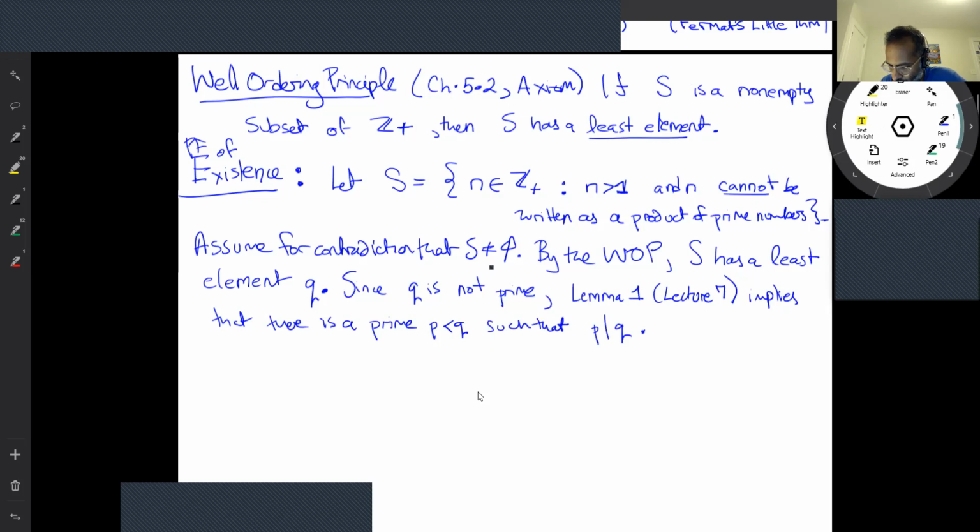Now, this prime P, do you think it's in S or not in S? What happens if you can write P as a product of prime numbers?